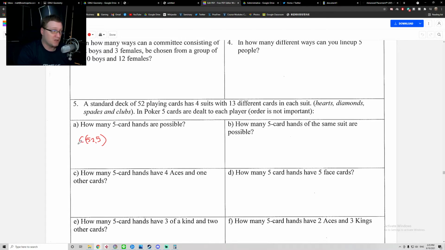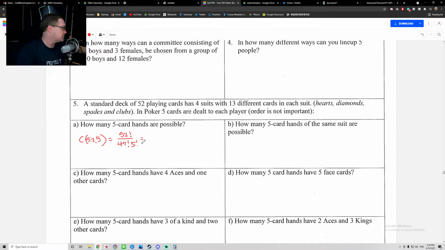So it's the combination of 5 cards from 52, which, if you use the formula, is 52 factorial, and then 52 minus 5 is 47 factorial, and then 5 factorial. Remember, on combinations, the bottom 2 numbers are always going to add to equal the top number.